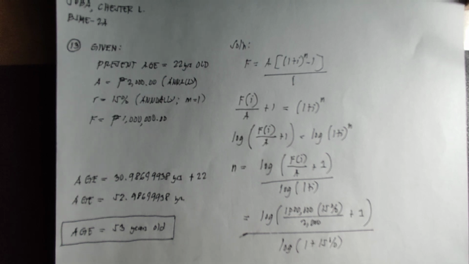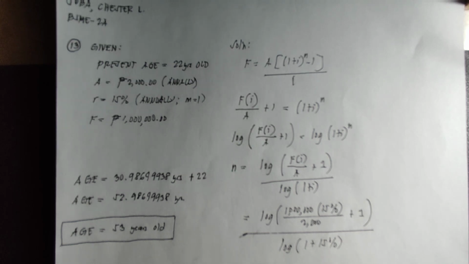we will use F is equal to A multiplied to the quantity of (1 plus i) raised to n minus 1 all over i. Then this will become F times i over A plus 1 is equal to (1 plus i) raised to n. Then the natural logarithm of F i over A plus 1 is equal to the natural logarithm of (1 plus i) raised to n.